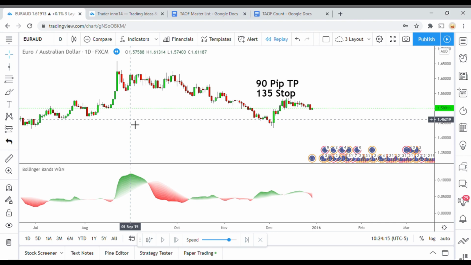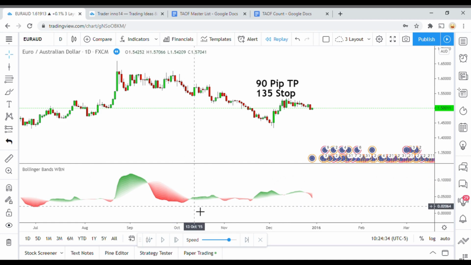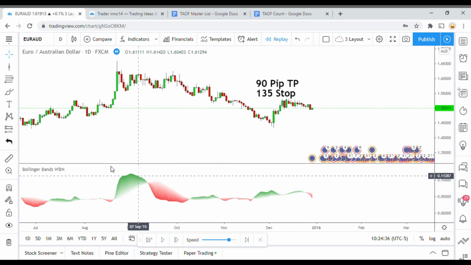Typically as the momentum increases in the price action, the bands will expand, and as the momentum is weakening, you will start to see the bands contract. Now, you can see the Bollinger Band wide and narrow here on the bottom of the screen.